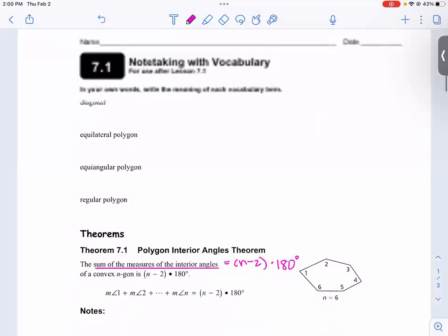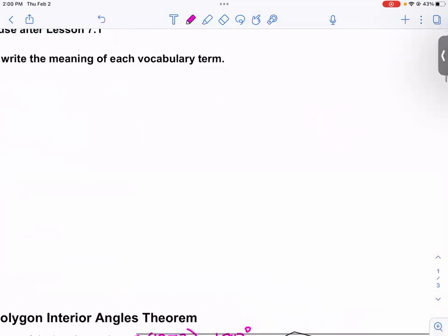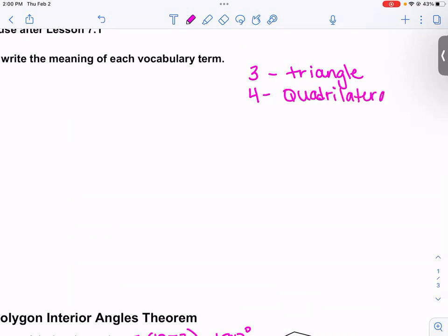So up here, let's remember that 3 sides is a triangle. 4 sides, we call a quadrilateral. 5? Pentagon, like that famous building in Washington, D.C. 6 is a hexagon.